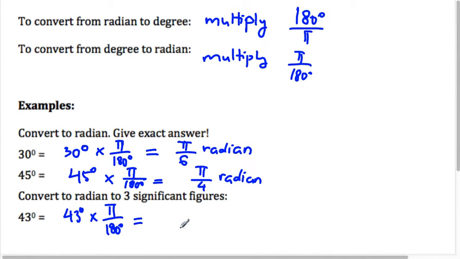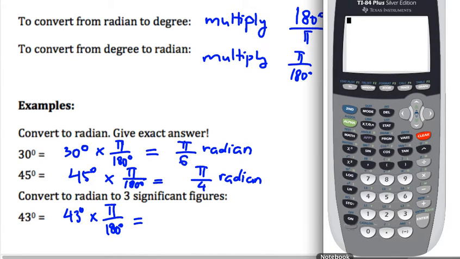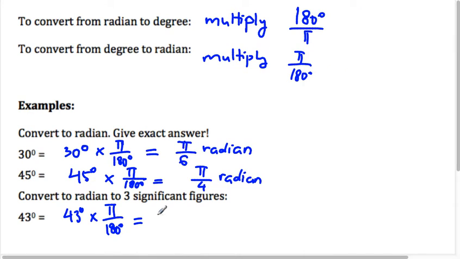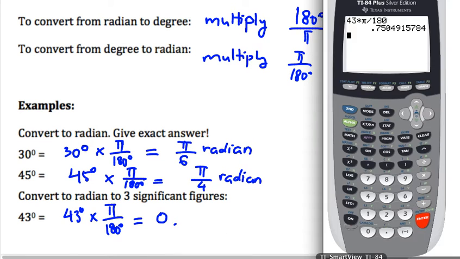However, you can use your calculator and just calculate 43 multiplied by pi, there is a pi button here somewhere, multiplied by pi and then divided by 180. So 43 degrees to 3 significant figures in radian is 0.750.